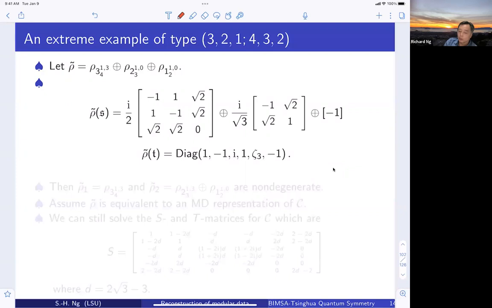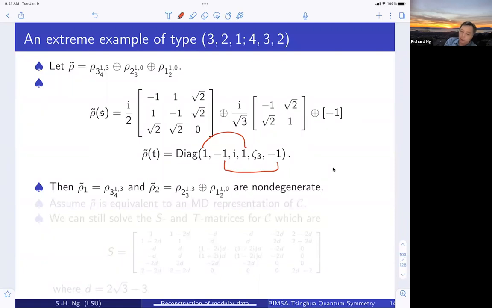Now I want to subdivide into 2 parts. Basically, I divide into this first 3 and then the sum of the rest of 2. So now you can see that each of them is non-degenerate, but the overlap is 2. So you have 1 and 1 and -1 and -1. So instead of 1 pair of overlap, you have 2 pairs of overlap.